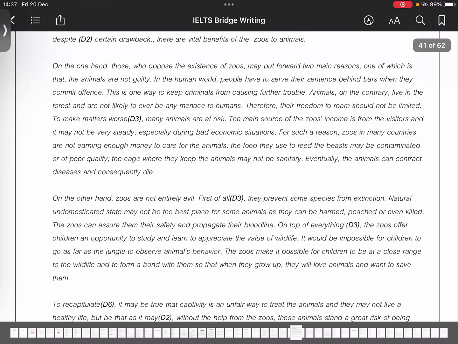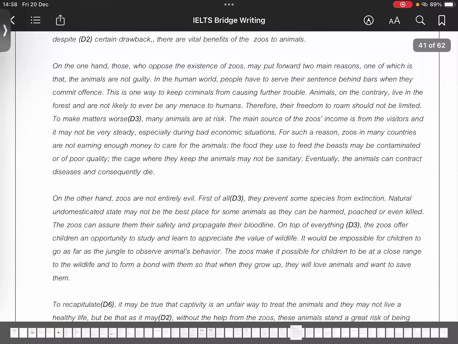The forest or the wild is not the best place because animals are not safe there. They can be harmed and they can be poached. Poached means hunted, and they can be killed. The zoos can assure them safety and propagate the bloodline.